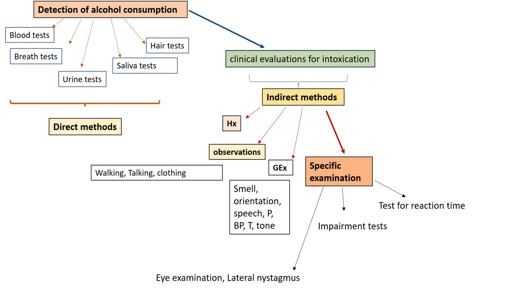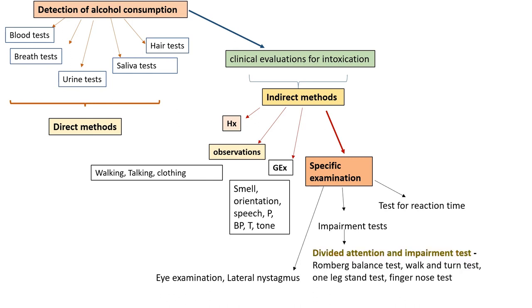It has three parts basically. We have to do the eye examination, and lateral nystagmus is an important point. For the impairment tests, we have to see his divided attention. For that, we do the Romberg balance test, walk and turn test, one leg stand test, finger nose test. And to test his reaction time, we can do the ruler drop test.